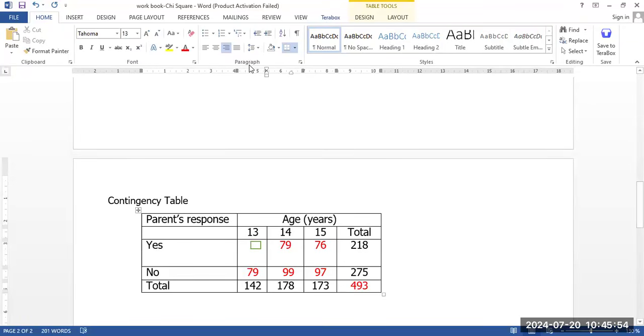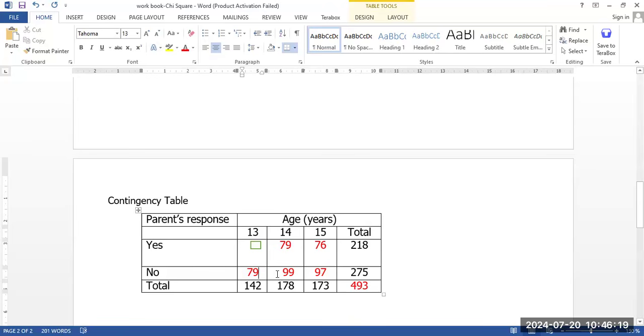I believe you will complete the contingency table, isn't it? Isn't it, colleagues? Yes. Expected values, put them in the box. Then below the box, put observed value for every value. Here, put expected value in the box.